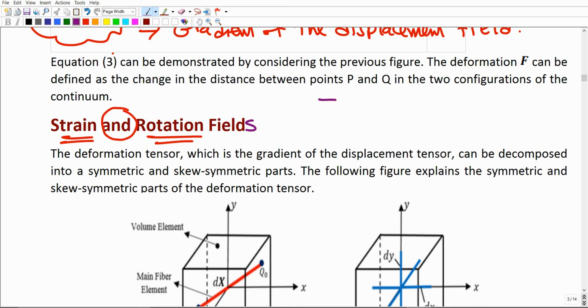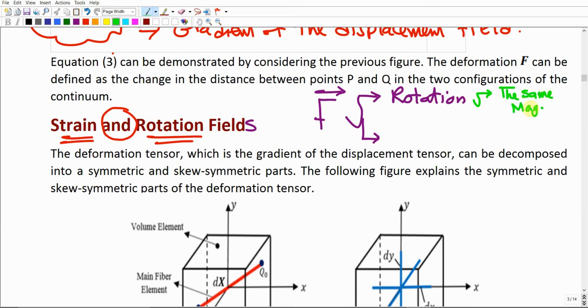So what does this mean? Based on my previous discussion, we can say that the deformation can be split into two things. A certain deformation parameter that just describes the rotation of the object, and this happens, as we mentioned, in case we have the same magnitude but different directions.